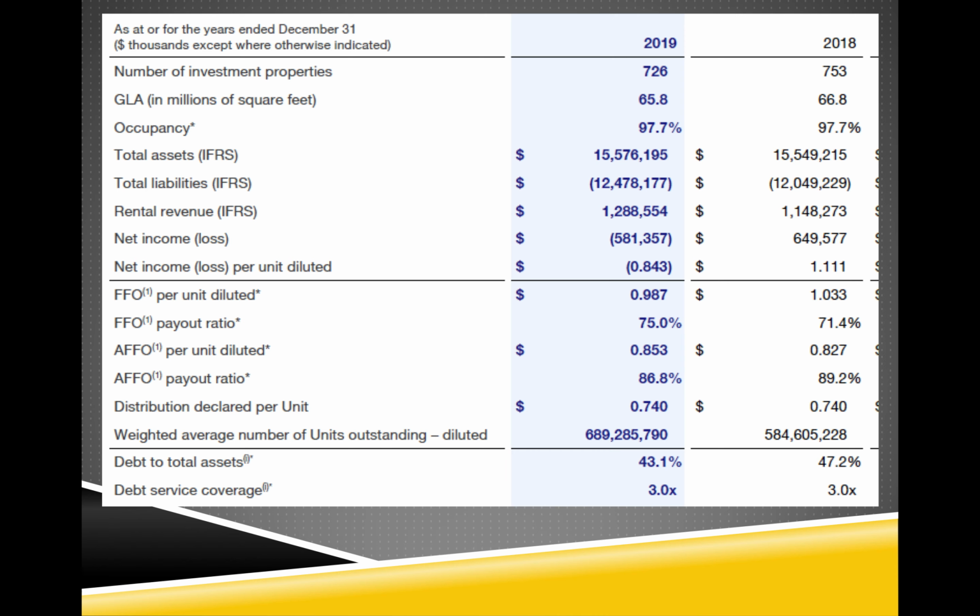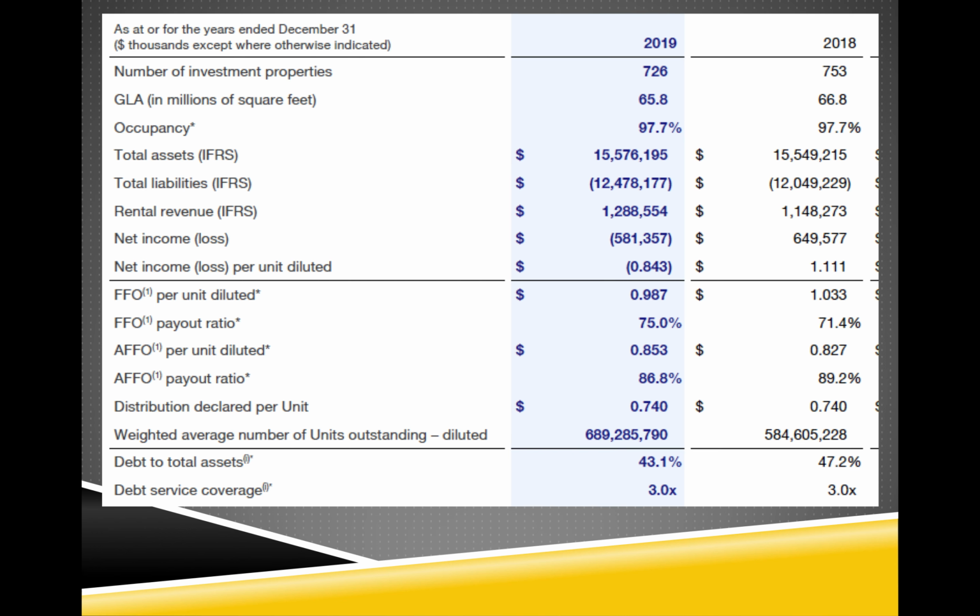The total liabilities is over $12 billion. It's very common for REITs to basically leverage the investors' investments to try to boost the returns. Basically, you go out and you issue debt securities or you get loans from banks, and they have a lot of debt to do that with. They have a lot of rental revenue.